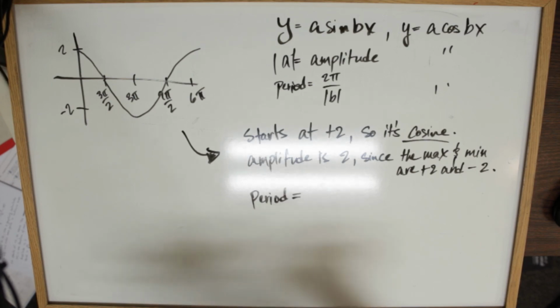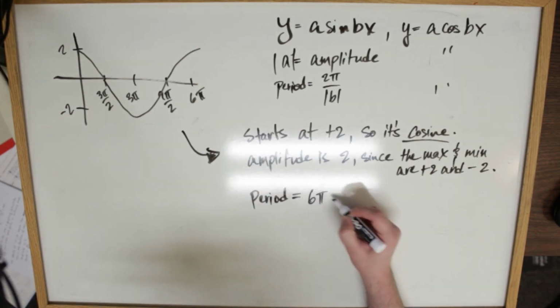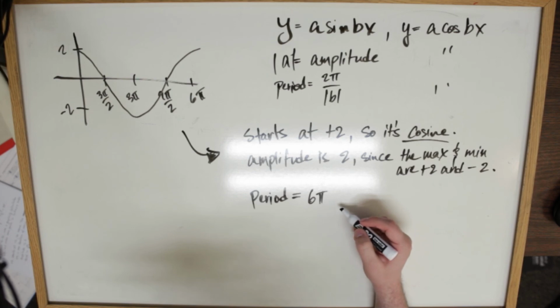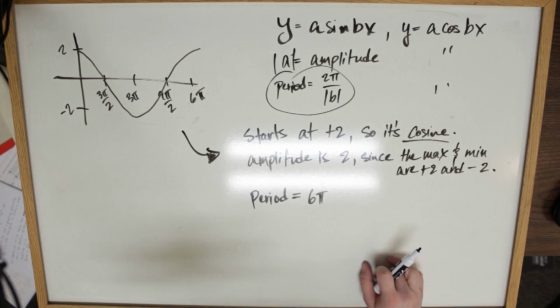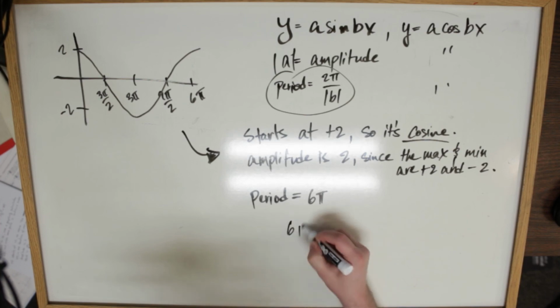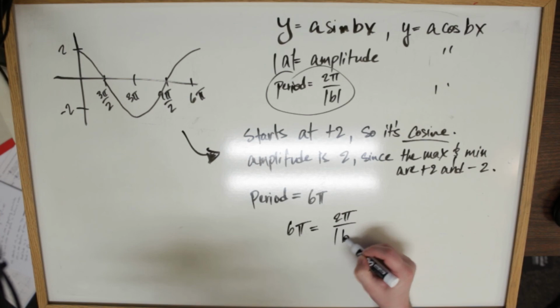We know that the period is going to be 6 pi. And we know that the equation for the period is 2 pi over absolute b. So all we do is we set 6 pi equal to 2 pi over absolute value of b.